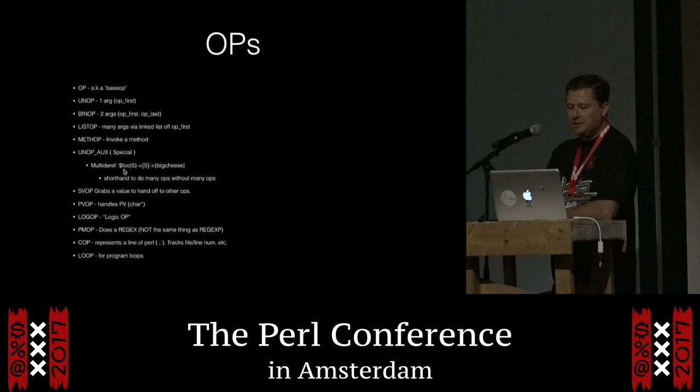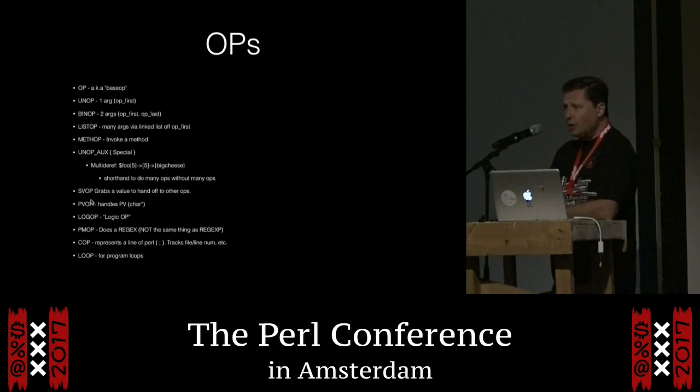In prior versions of Perl, if you wanted to do foo hash key 5 and then get the fifth array element, and then get hash entry big cheese, that was actually multiple ops to do each of those lookups. What Dave Mitchell did was make it so that all of that happens in one compact op, and it does all those lookups much faster.